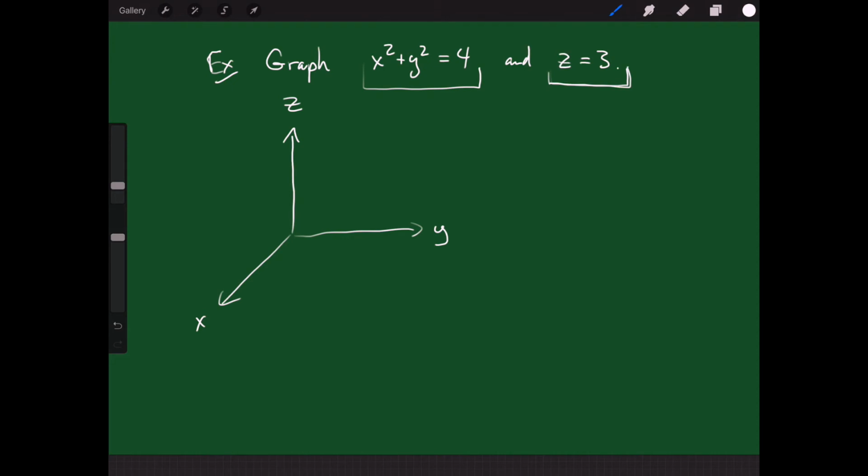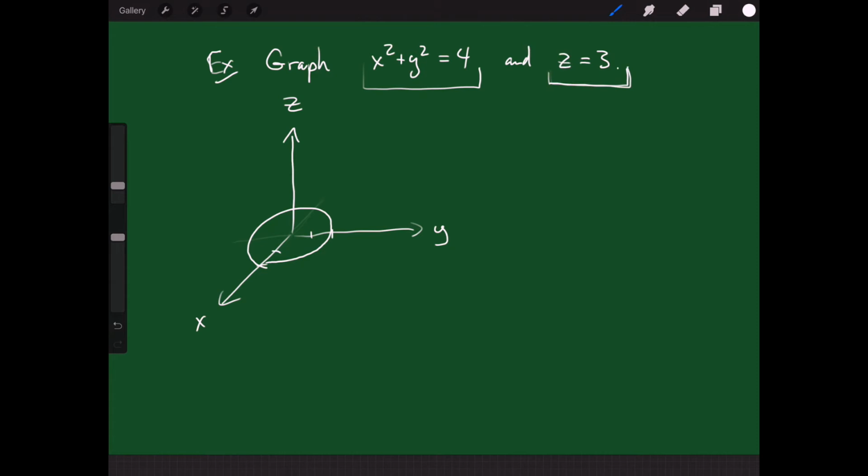And what I'm going to do is start out, let's just draw that in the regular xy plane. I get kind of a circle in the xy plane that goes out 2 in each of these directions.